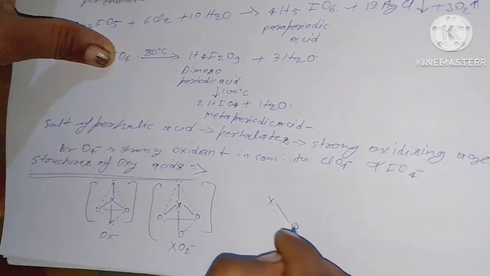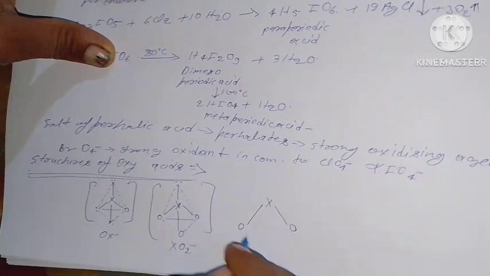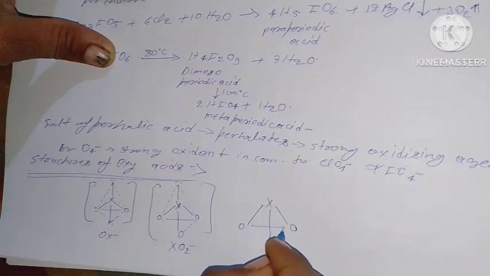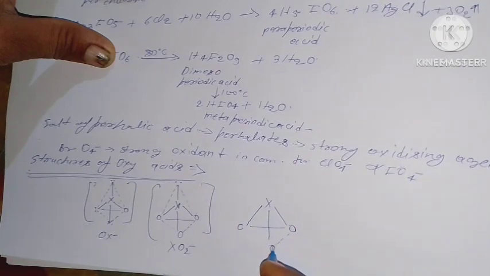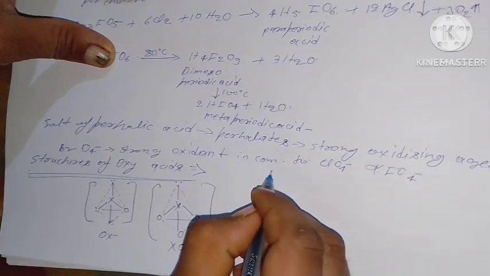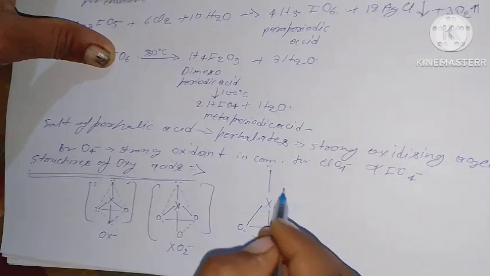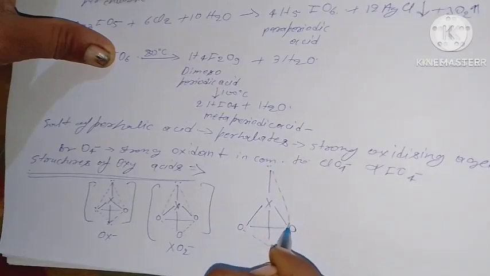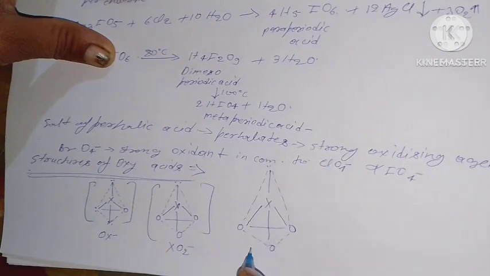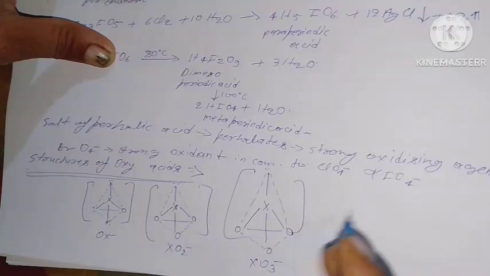Halogen, oxygen, okay, that is XO3 negative.